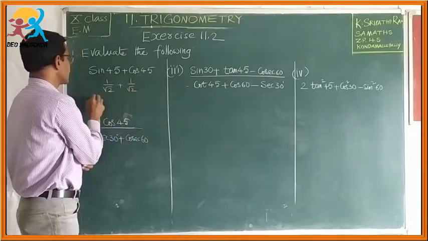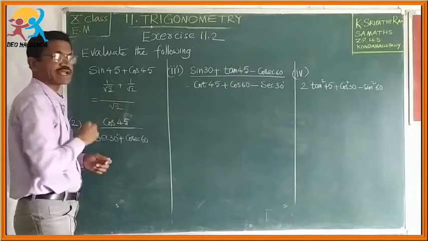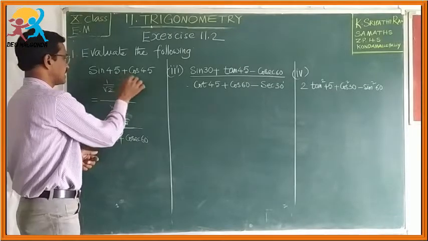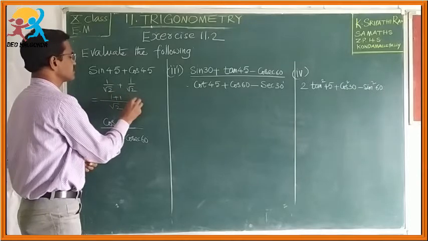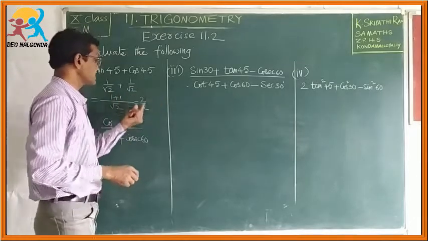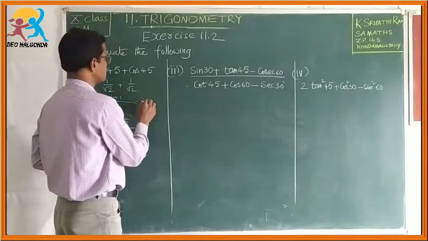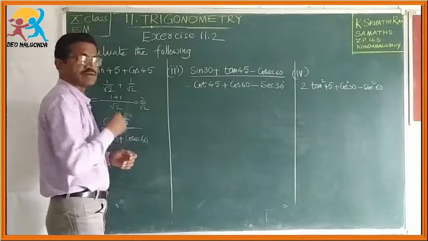By adding these two, like fractions, we can take the denominator as it is and directly add the numerators, 1 plus 1, 2 by root 2. Now, you can keep this as it is, but our convention is we have to rationalize the denominator.